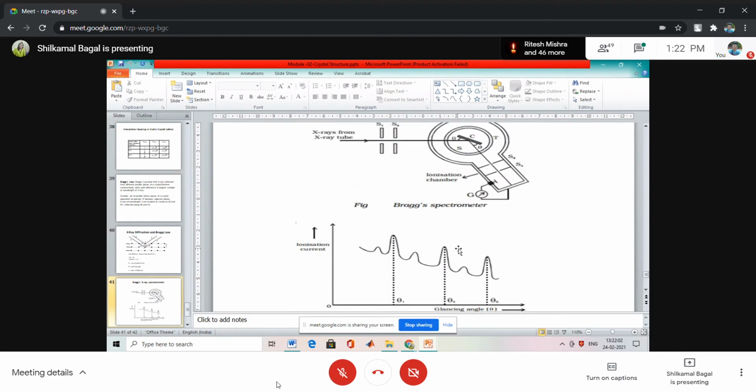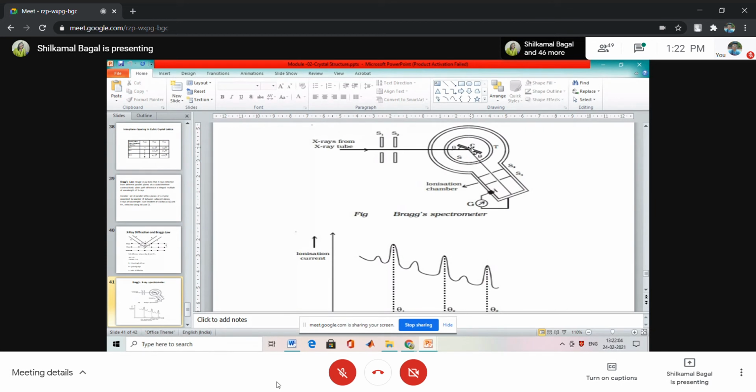Okay. So at the turntable, there is a scale attached, through which we can note down the position of the turntable, meaning through how much angle we are rotating the turntable. That is nothing but the glancing angle. Okay.